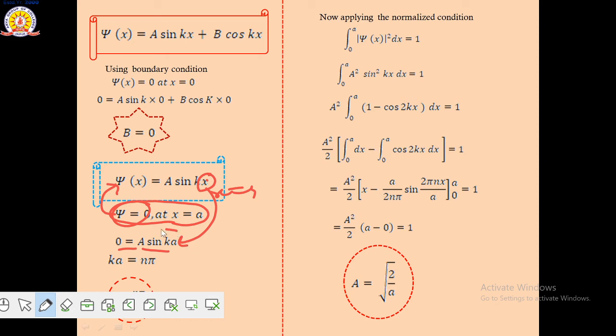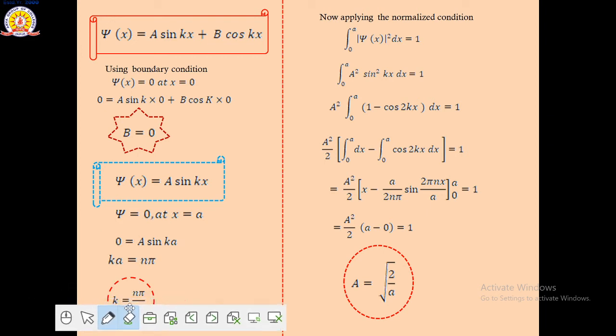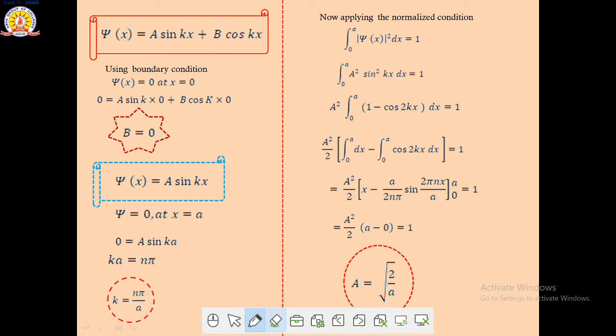That value sine ka is 0 if we have ka is equal to n pi. Okay? Because at n pi, the sine value will always be 0. So here k should satisfy ka equal to n pi, and from that equation we got the value of k.